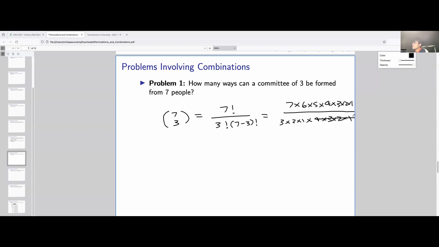So this 4 times 3 times 2 times 1 cancels with this 4 times 3 times 2 times 1. 3 times 2 times 1 is 6, and we get 35. So that means there's 35 different ways to choose a group of 3 people, if I have 7 people to choose from.